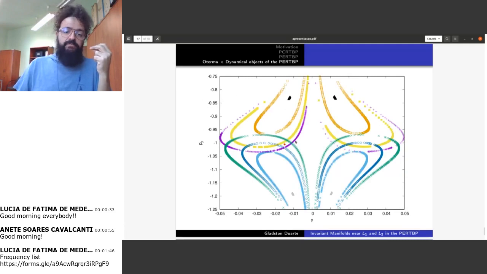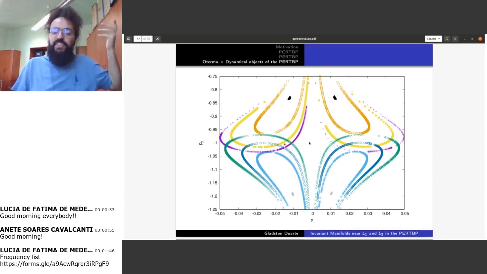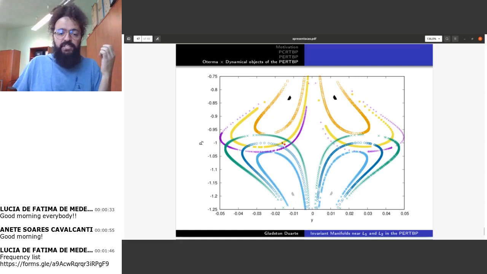And in fact, just out of curiosity, this is the complete figure. These 4 here, purple, yellow, green, and dark blue, are the ones I was talking about that would be good representatives. And you might argue, okay, so for these 2 here, Oterma does not belong to the intersection between them.